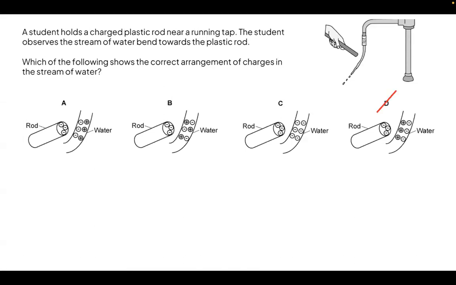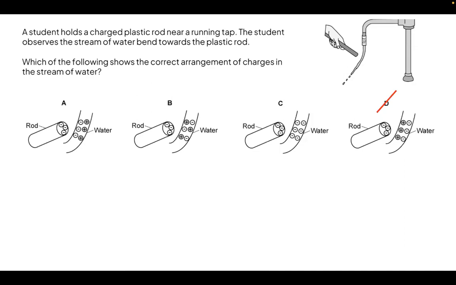Yes. The answer is D because what happens is that the water is neutral. It has positive and negative charges. But what happens is that all the positive charges are now closer to the rod. But positive charges do not move. So what happened? What happened is that the electrons were repelled. They were not arranged this way before.